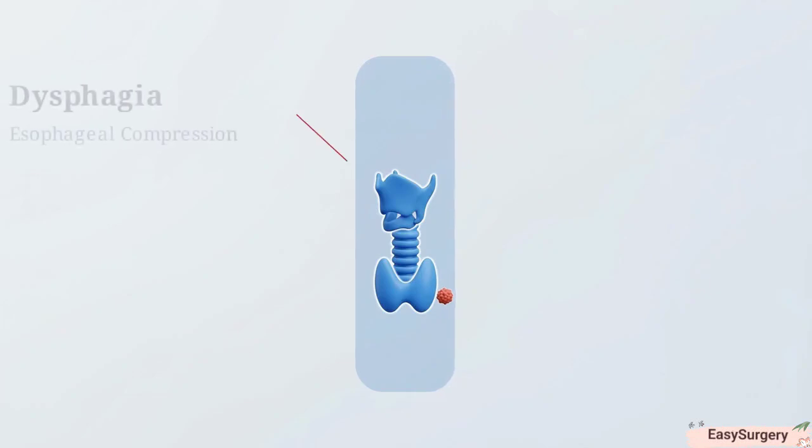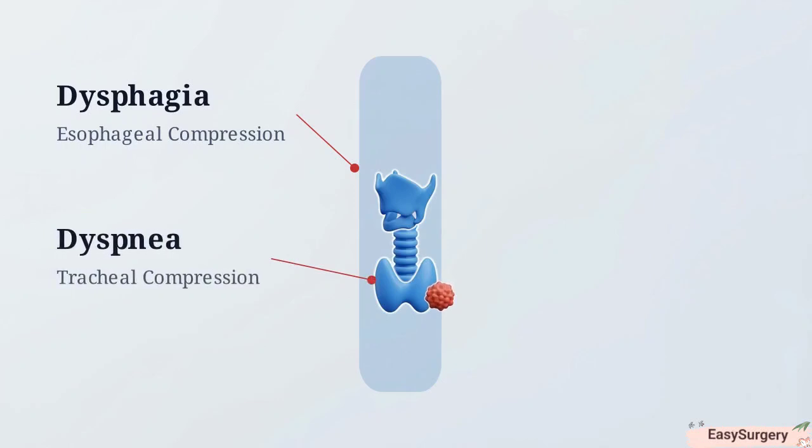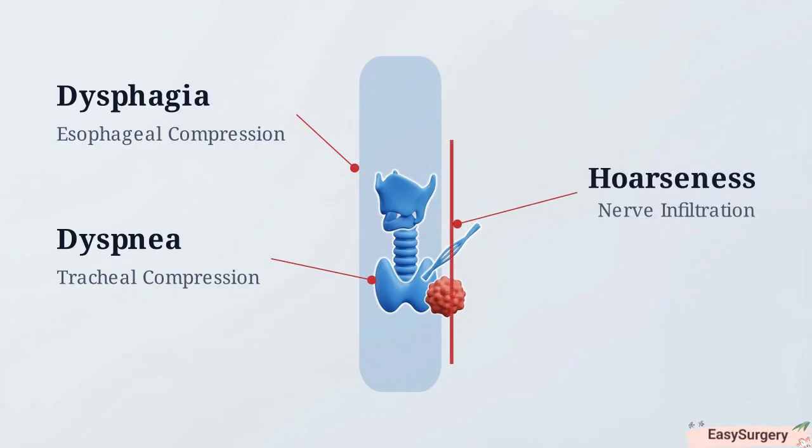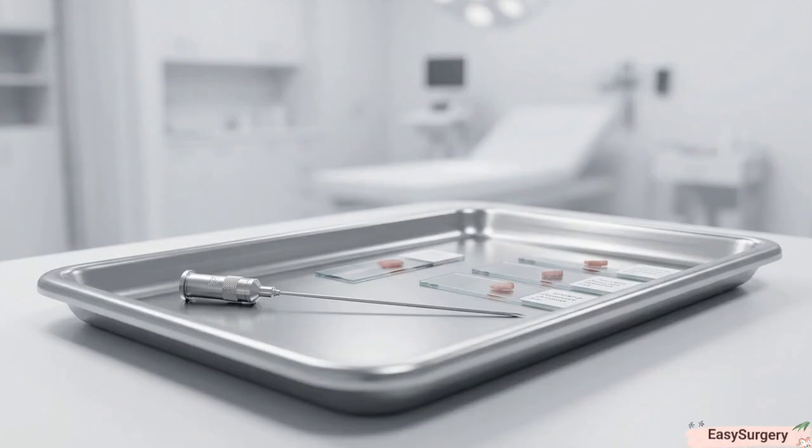Compressing the esophagus behind it causes dysphagia, or difficulty swallowing. Direct pressure on the trachea causes dyspnea, complicating breathing. Infiltrating the recurrent laryngeal nerve causes progressive mechanical hoarseness. Because the disease develops quietly, the sudden appearance of these structural symptoms or the discovery of a painless lump requires immediate clinical investigation to confirm or rule out a malignancy.